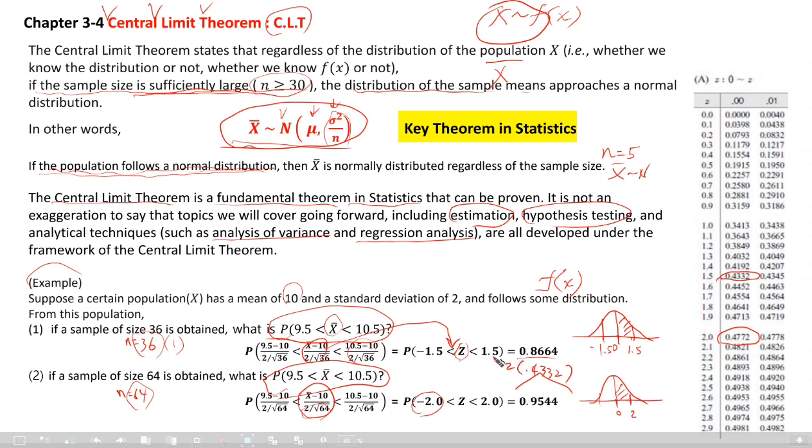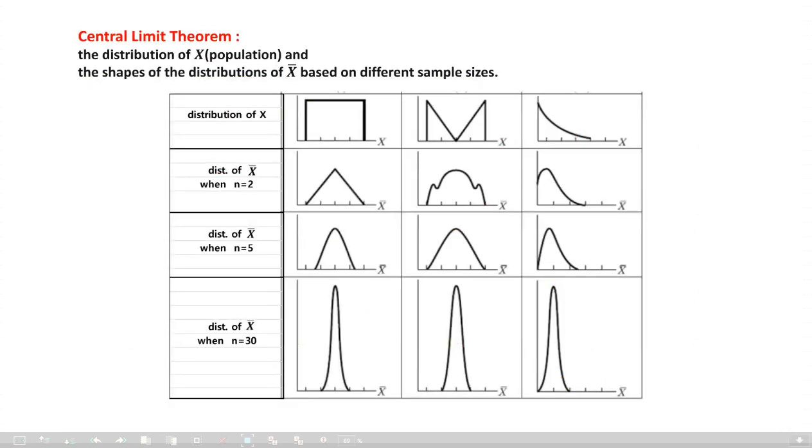Okay, let's wrap up the central limit theorem. This diagram shows the distribution of x, the population distribution, right? And the shapes of the distribution of x bar based on different sample sizes. Let's see this one. What is the distribution of x? It is a uniform distribution.